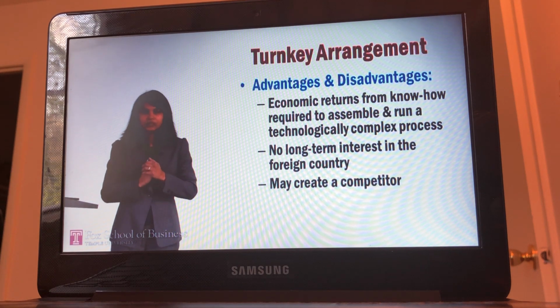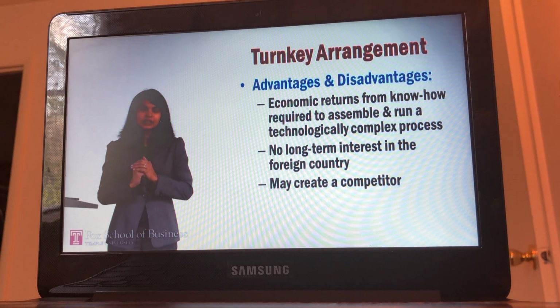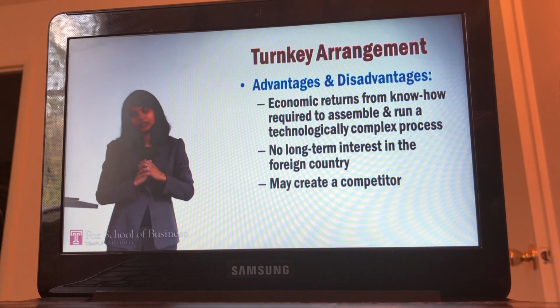Then we look at turnkey arrangements. These are a little unheard of arrangements.